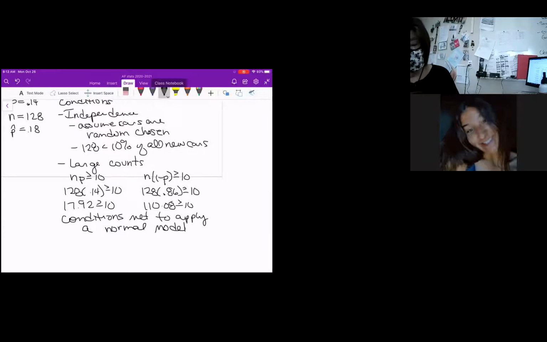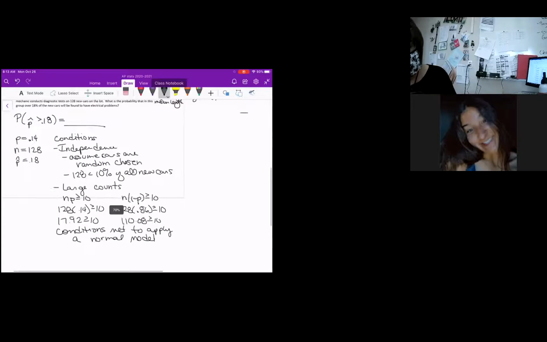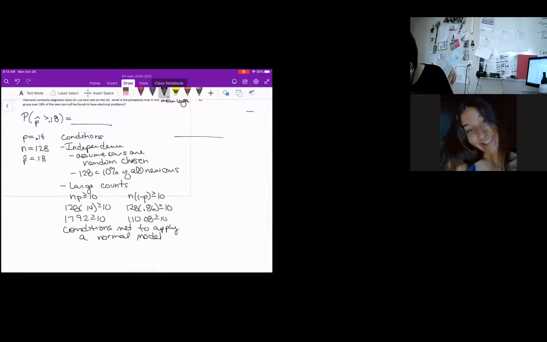All right. So now make a little sketch of it. So we are looking for, so if this is our mean, 0.14, 0.18 is going to be over here. So I'm looking for the right side because it's got to be greater than. So I need to find my standard deviation. My standard deviation of p hat is going to be the square root of p times 1 minus p divided by n.